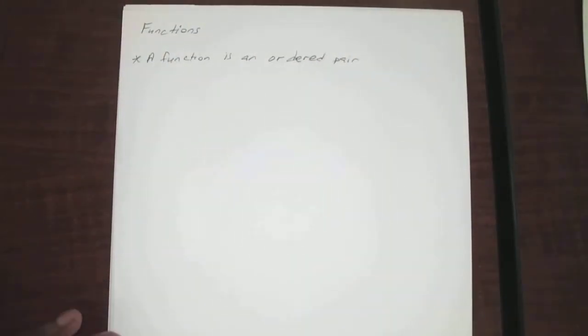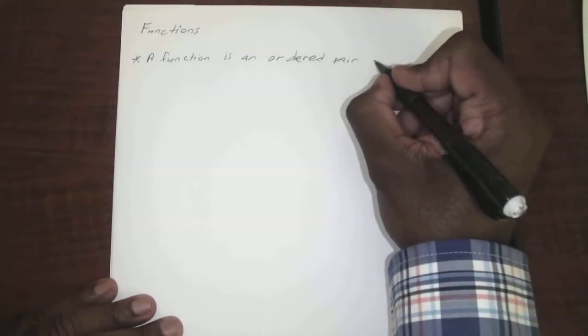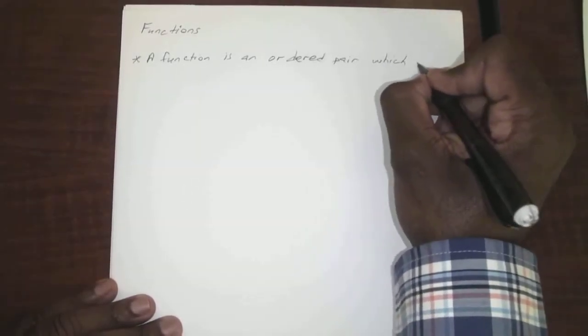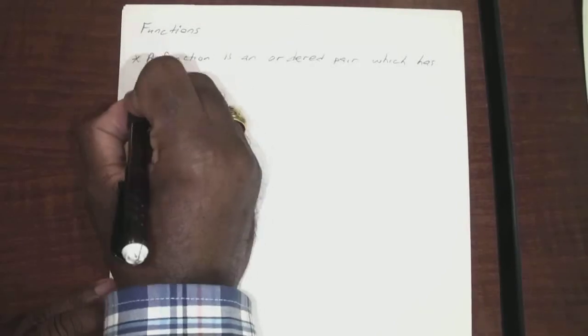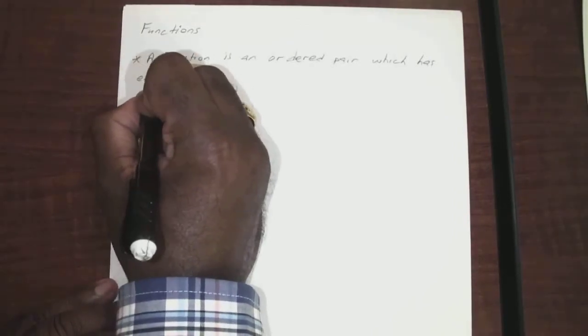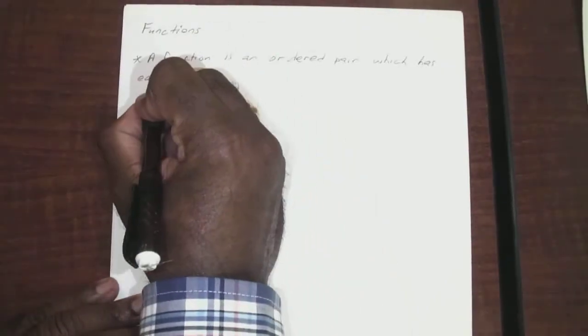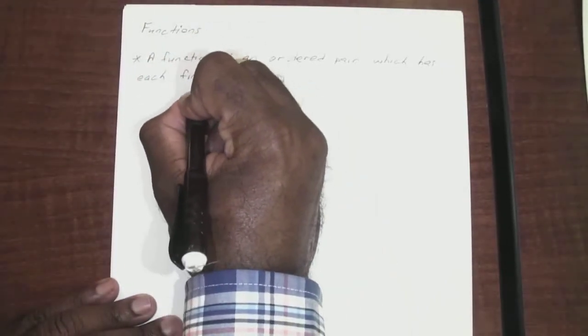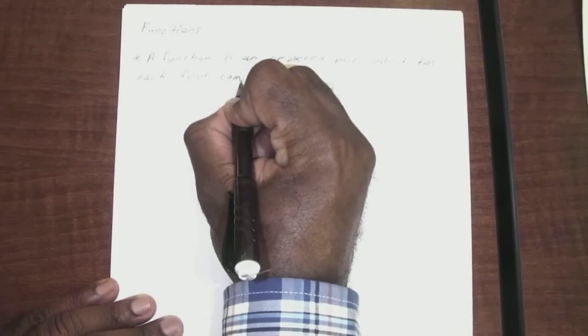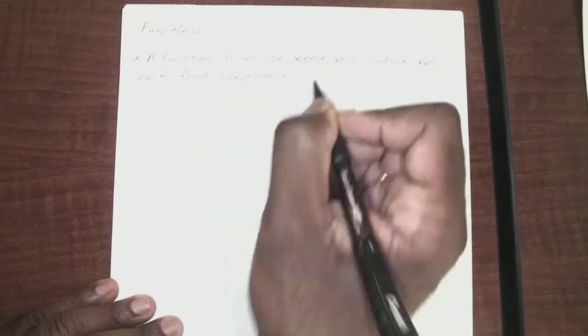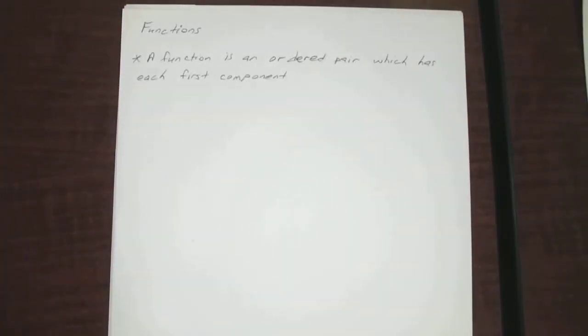Okay, so a function is an ordered pair which has each first component corresponding with exactly one second component.